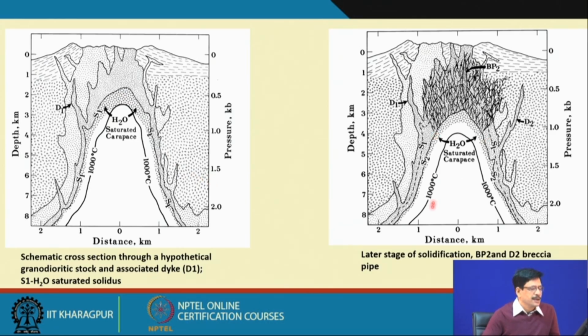Now at a later stage of solidification, this volatile water, along with all the chlorine, fluorine and sulfurous vapor, accumulates in the carapace. They exert pressure on the overlying rock, and if the yield strength of the overlying rock is exceeded, this results in a network of fractures, through which the crystal melt mass along with the residual fluid is emplaced within the shallow part of the system.